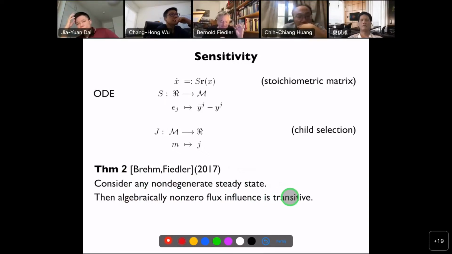This means if in a large network, I will show examples, if you push the flow at position J star, and it changes in a non-zero way the flow at J, and if you also know that once you push at J, the flow at J prime changes in a non-zero way, then J prime is also affected directly by pushing at J star.